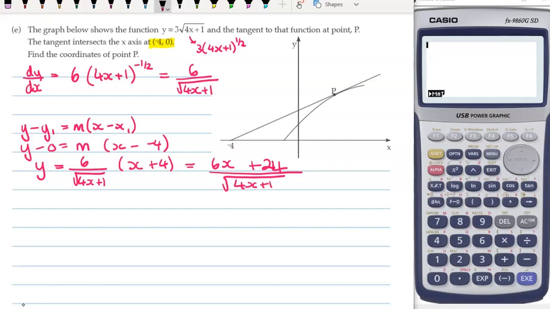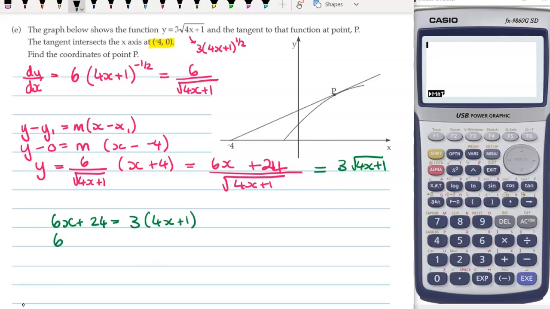Okay, now that's the equation of the straight line. We want to set it equal to the equation of the curve, which is 3 root 4x plus 1. So we can find when those two lines intersect. So next we can go 6x plus 24 will be equal to 3 times 4x plus 1, because what I've done there is bring that up in time, so the square roots cancel each other out.